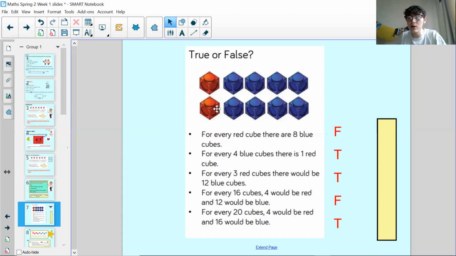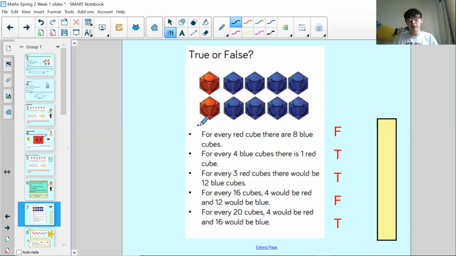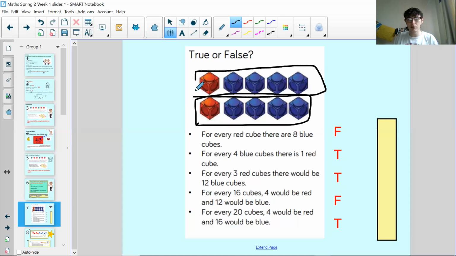For every 3 red cubes, there would be 12 blue cubes. The way that we would do this is by imagining there's a whole other row. So I've got, for every 1 red, there are 4 blues here. I've got, for every red, there are 4 blues here.